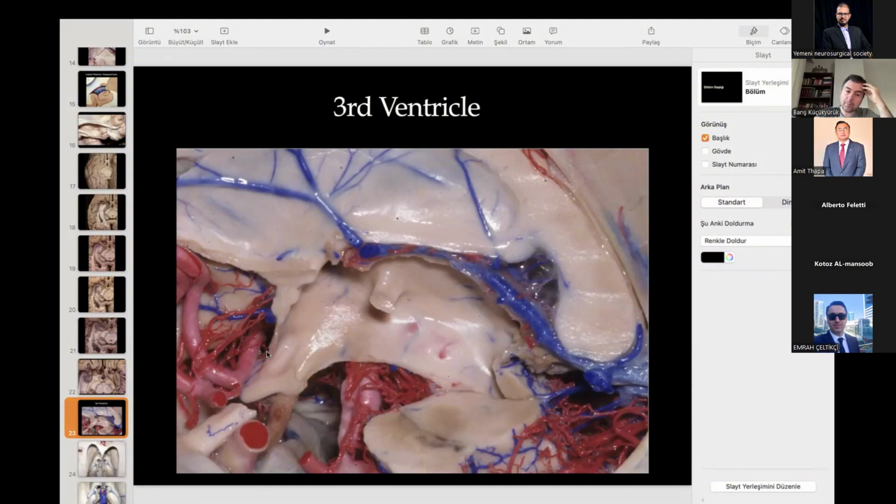Above the optic chiasm, there is a thin neural membrane, practically with no function. It's called the lamina terminalis, which we open in many cases of ACOM aneurysms. But superior to it, there is the anterior commissure, another commissural fiber, just like the corpus callosum.